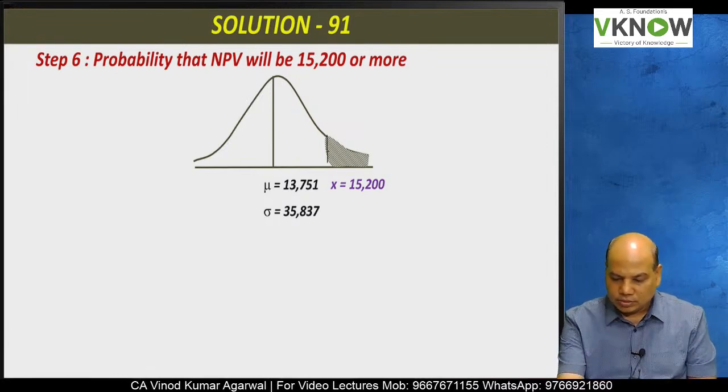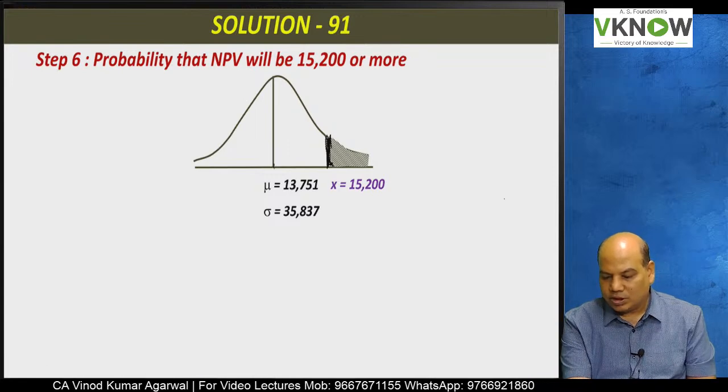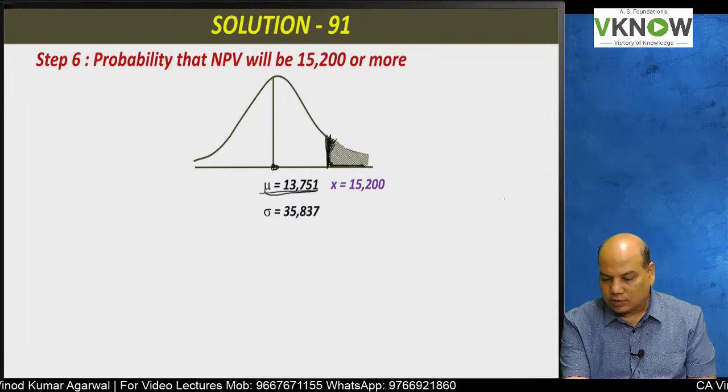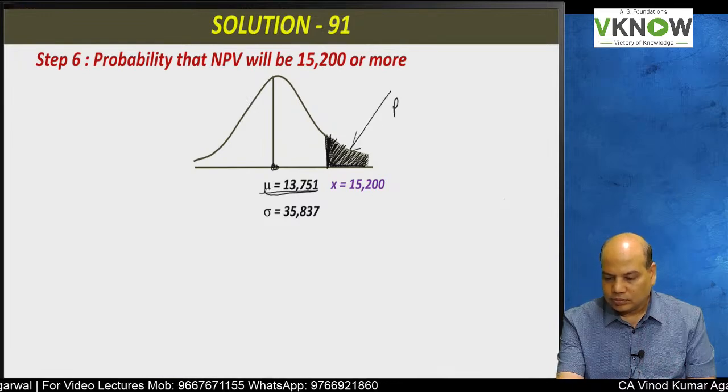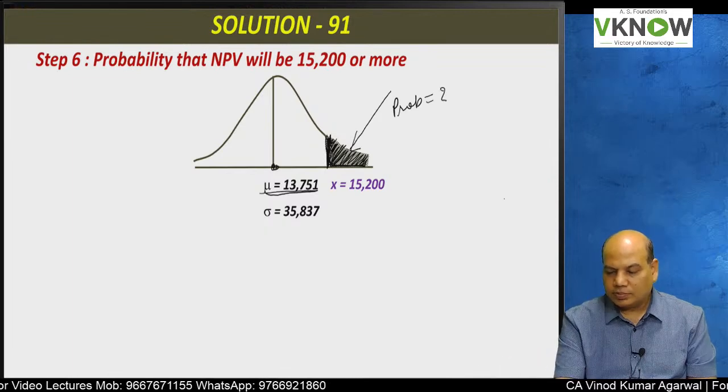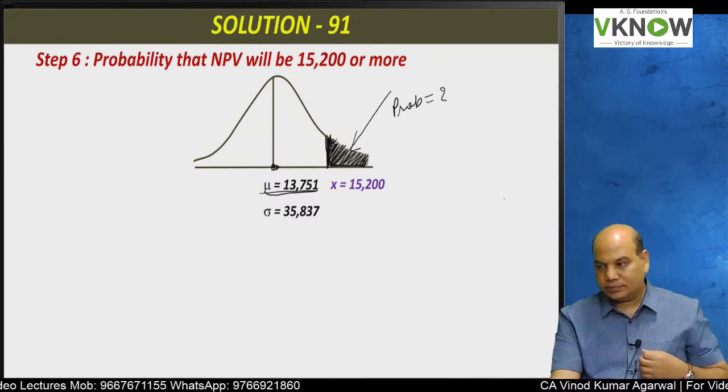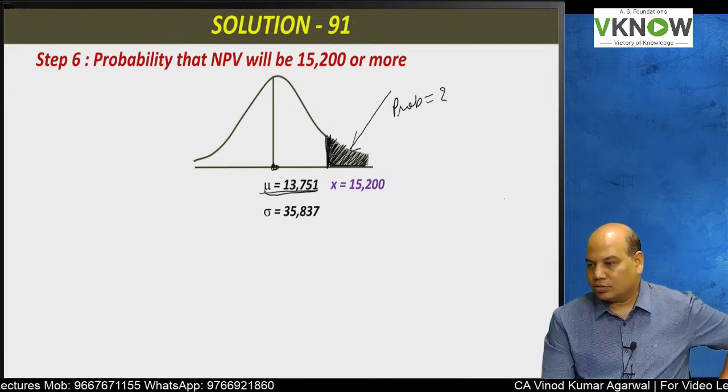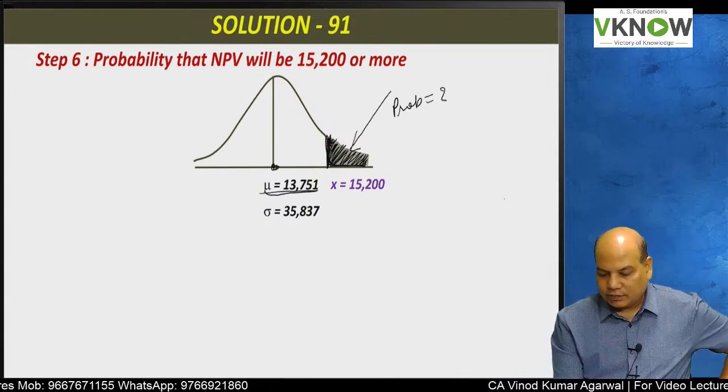15,200 will fall on the right side. Mean is in the center 13751. So 15,200 will fall on the right side. We want the probability of this area. We want the probability of more than 15,200. So I will first find Z value.